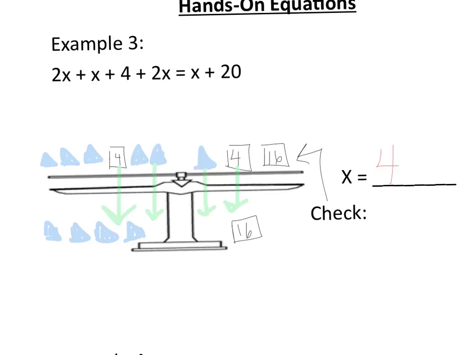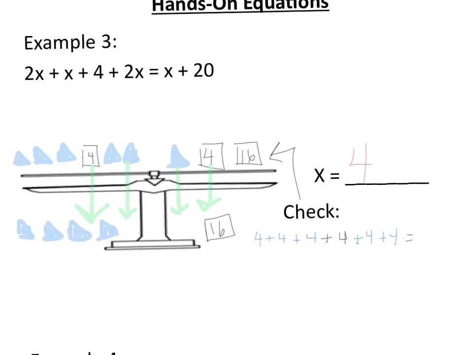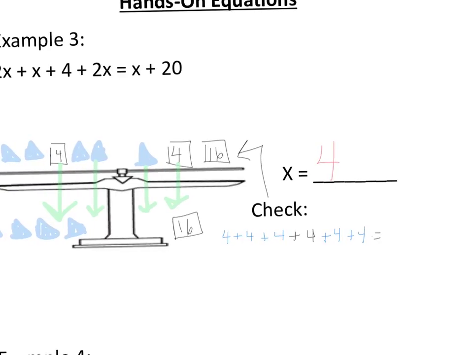We are saying that 4 plus 4 plus 4 plus 4 plus 4 plus 4 equals 4 plus 4 plus 16.